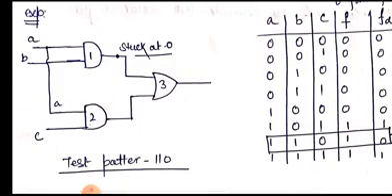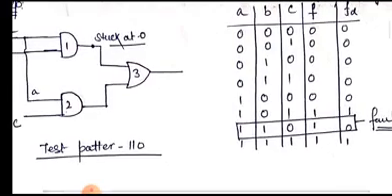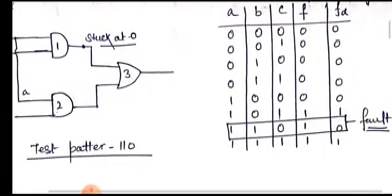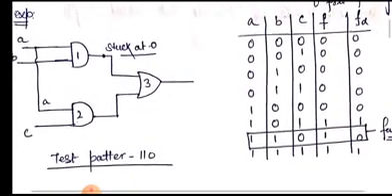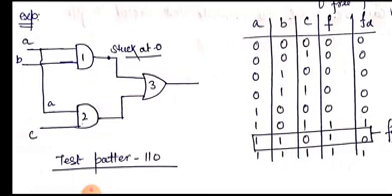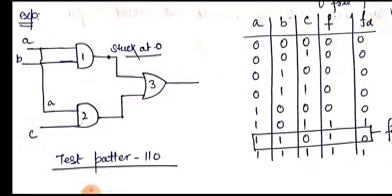Let me check how we can identify it. Stuck at zero means that whatever output we get after passing the A and B inputs in different combinations, it will provide a zero output every time, even if it should be one, because it is stuck at zero.